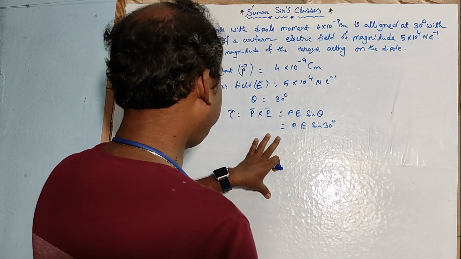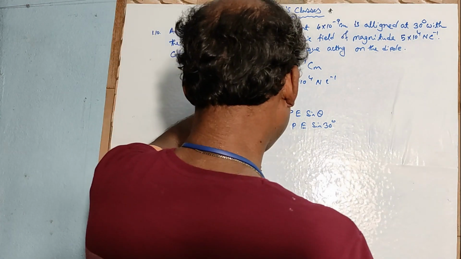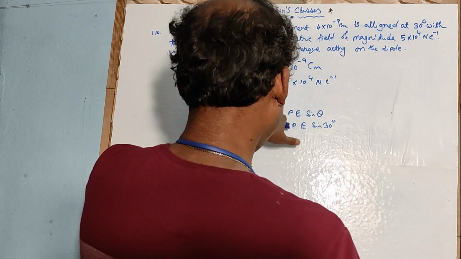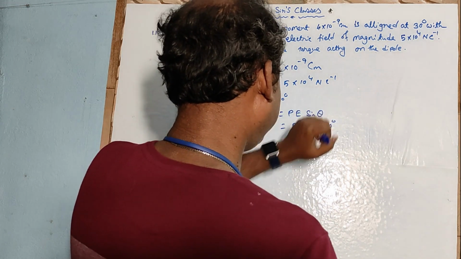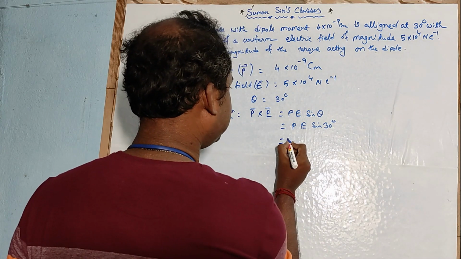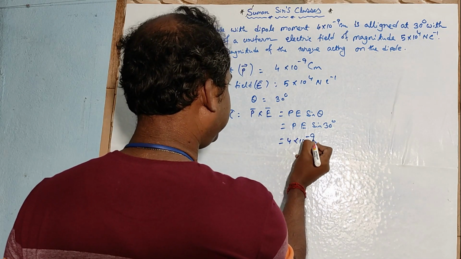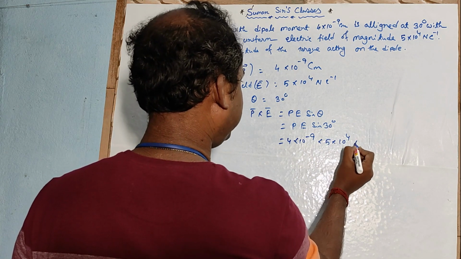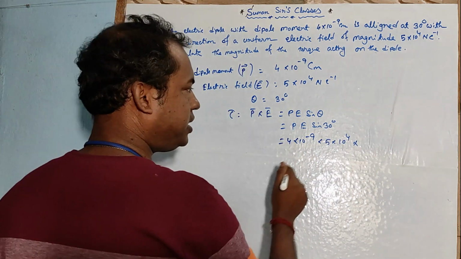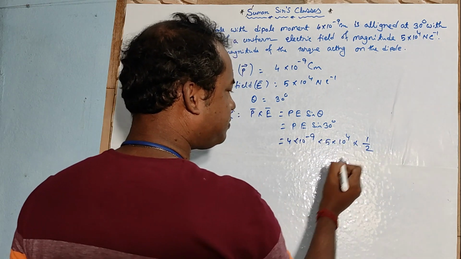Now here P is given as 4 into 10 to the power minus 9, and the electric field is given as 5 into 10 to the power 4 Newton per Coulomb. Putting in all these values, 4 into 10 to the power minus 9 into 5 into 10 to the power 4 into sin 30 degrees, and sin 30 degrees is half.